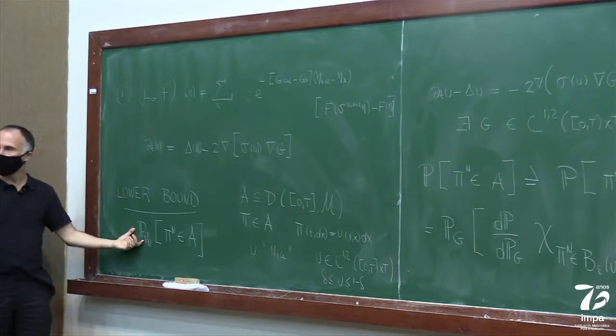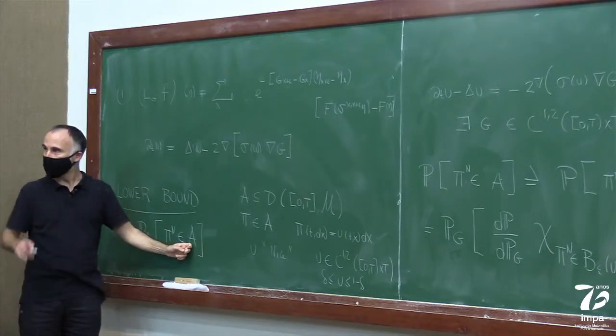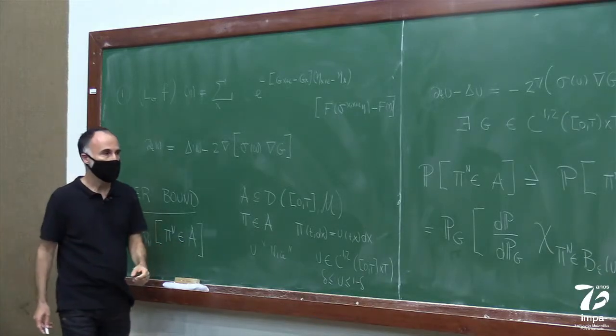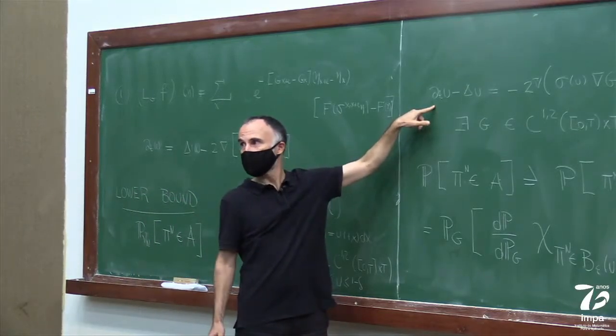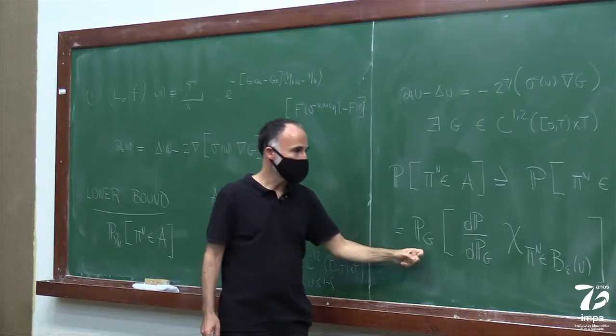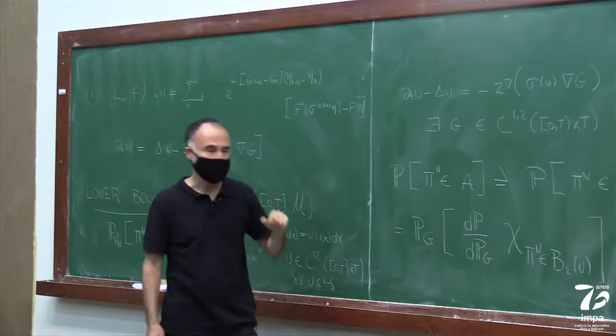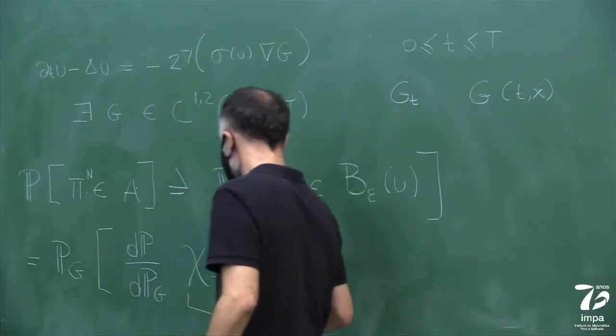Now I'm proving the lower bound. I take a trajectory in A, and knowing that, I find G, which solves this. I put G here, and then I get what I want. So this event under G has measure 1.